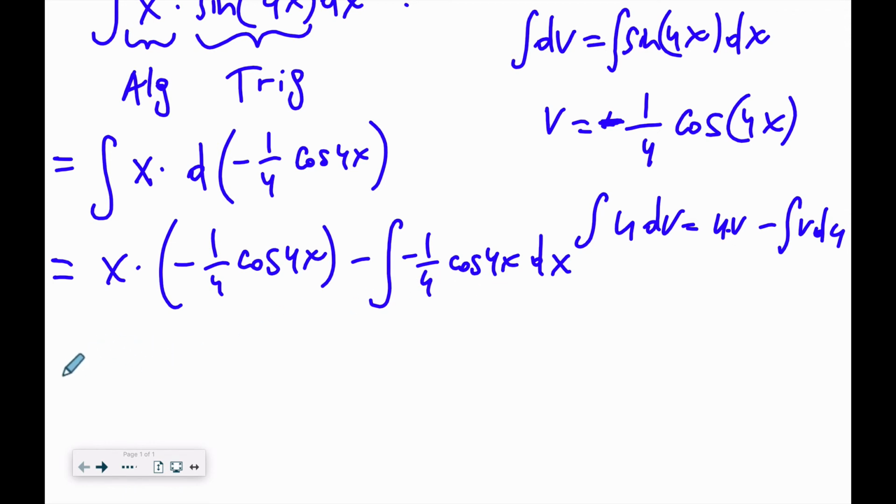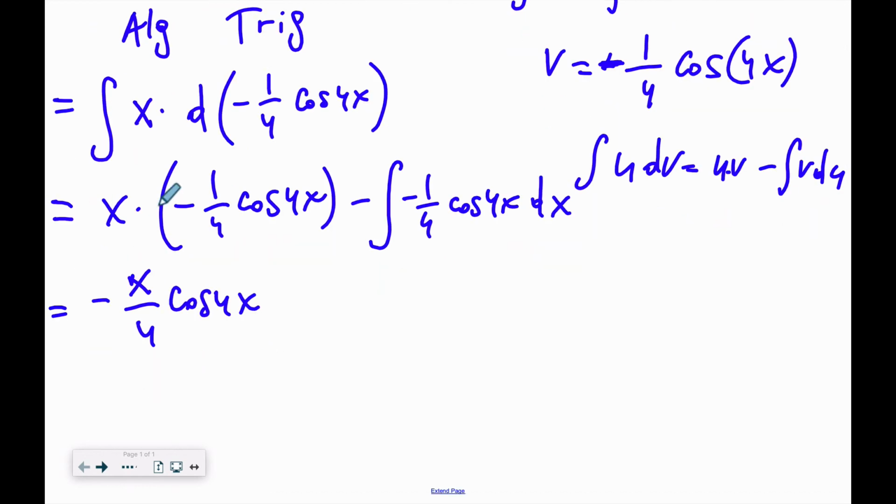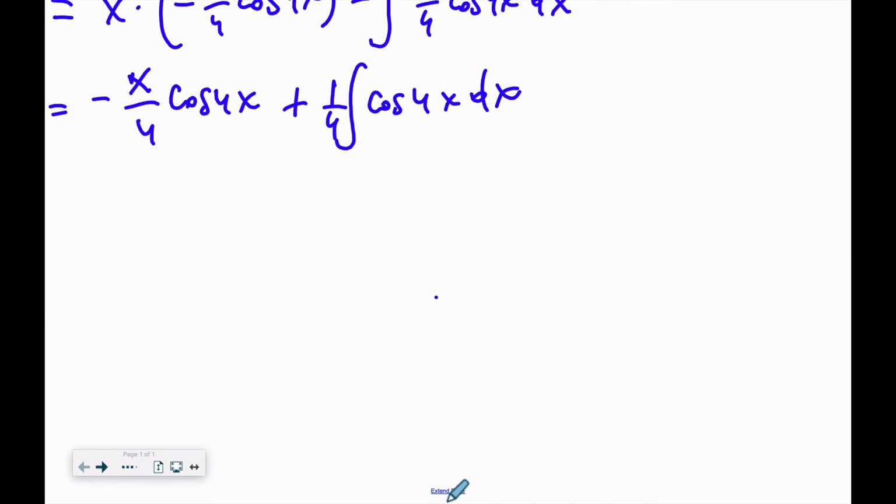After this, the next step: we have x times negative 1 over 4, which will be minus x over 4 cosine 4x. I'm not doing anything magical here, I'm just multiplying. And then minus times minus will be plus, and we'll take 1 over 4 out, and then the integral of cosine of 4x dx. We're almost done. The very last step is to find the integral of this.